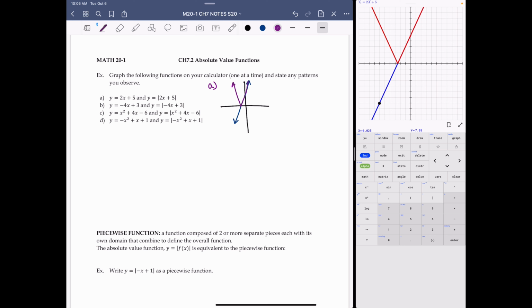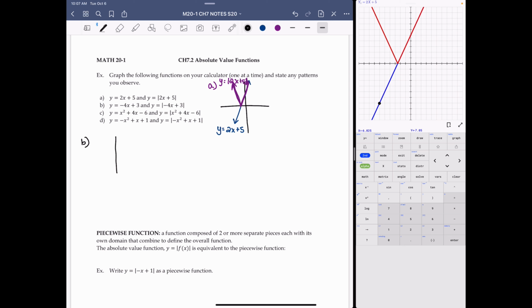It goes over top of our original function for part of it, and then it's got this V shape to it. So this linear is y equals 2x plus 5, and this part, the V shape, is y equals absolute value of 2x plus 5.